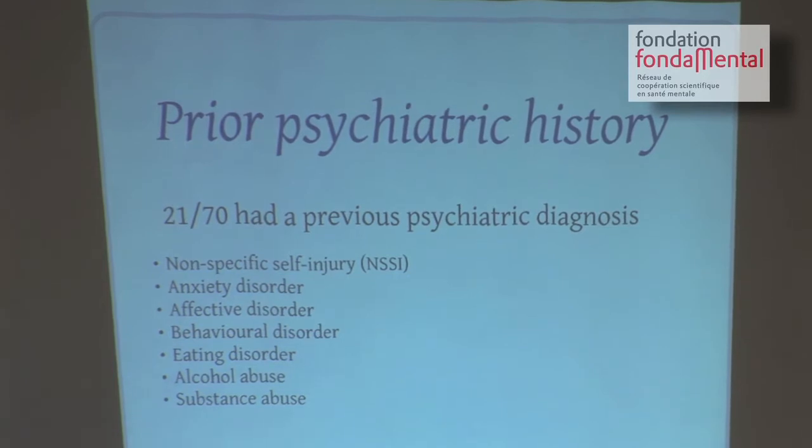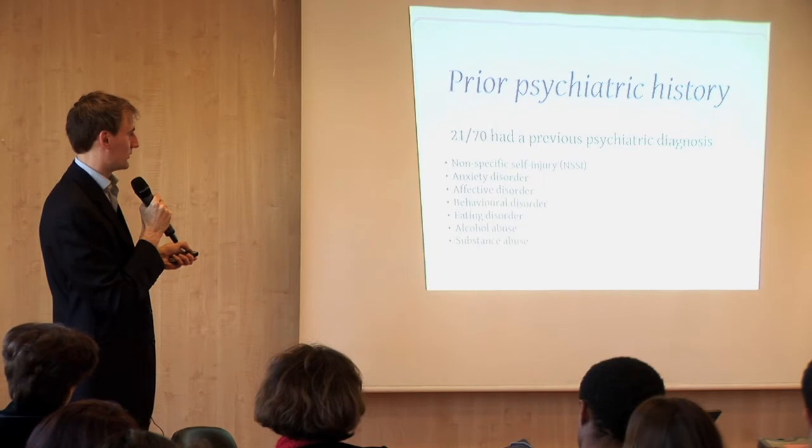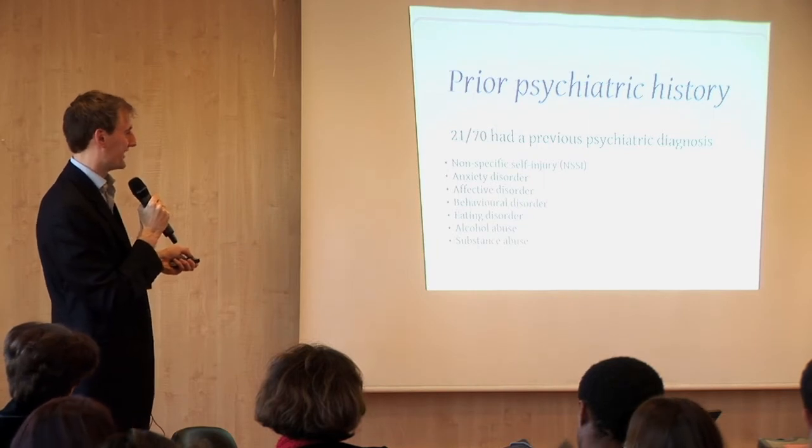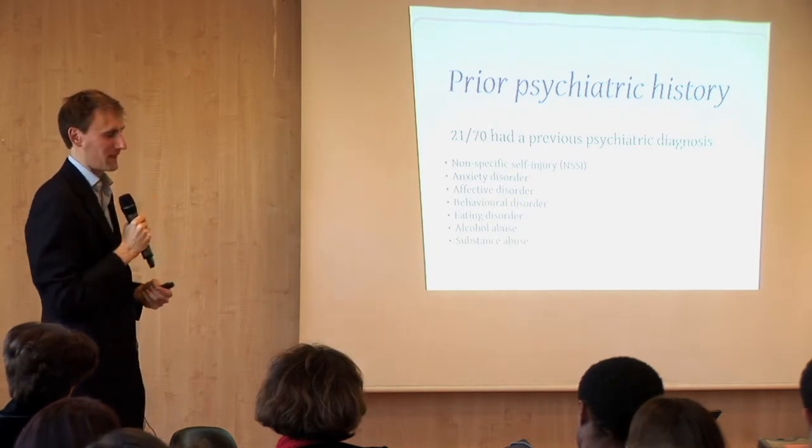And so 21 out of 70 had had a previous psychiatric diagnosis, and this included non-specific self-injury, anxiety disorder, an affective disorder, behavioural disorder, eating disorder, alcohol abuse and substance abuse. And some may argue this is a potential confound in our study that we included these participants, but it does also allow us to go back and see, does this variable impact on brain structure and function in quite a well-controlled way.